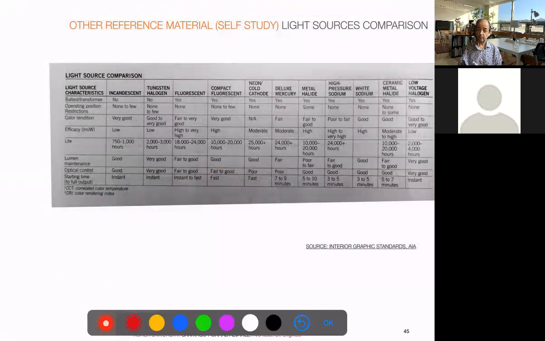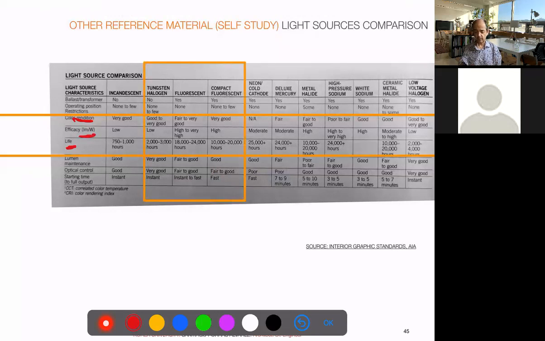Then this is a table that gives you the basic parameters of color rendition, efficacy, and life, which is also important. We didn't comment on it, but in terms of economy and sustainability, we need to know how long we can use a given lamp. Among all these sets, the ones we will use most are the halogen, fluorescent, and compact fluorescent.